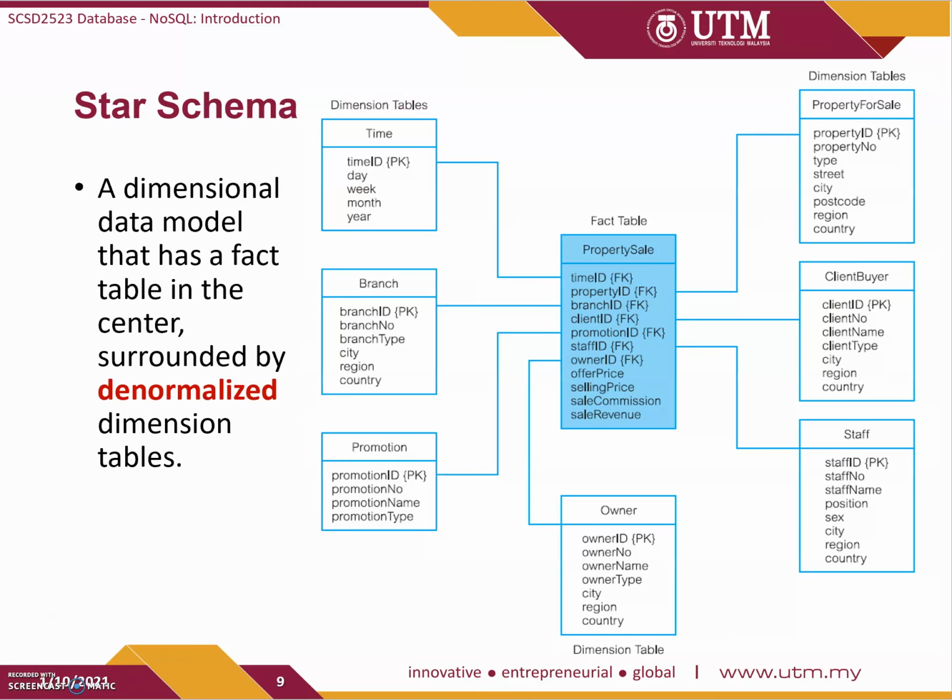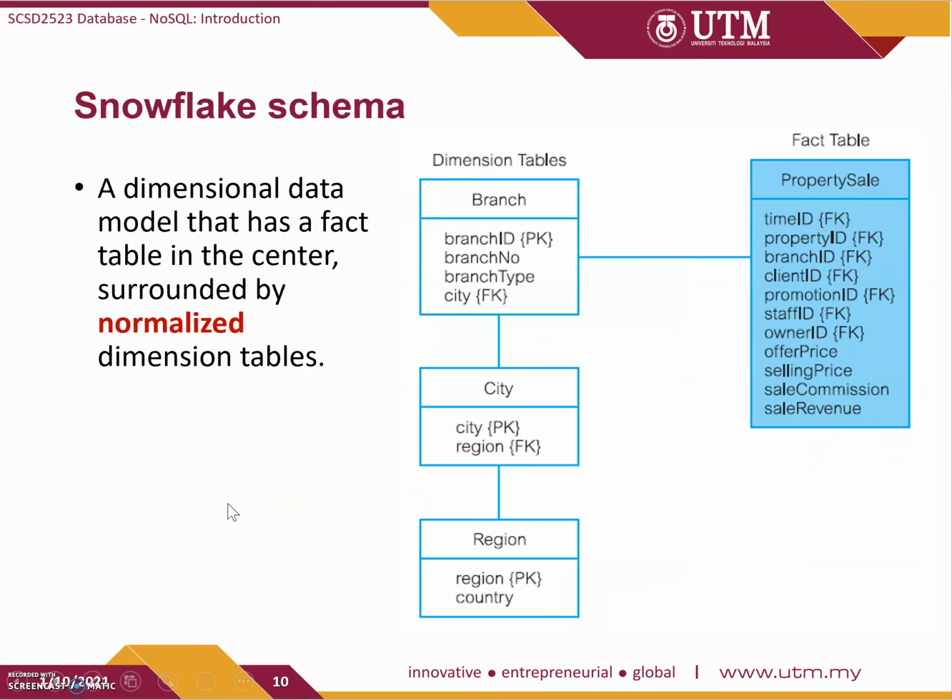The star schema is the dimensional data model that has a fact table at the center, and the surrounding tables are denormalized dimension tables. As opposed to that, we have the snowflake schema, which also has the fact table in the center of the data model, but the surrounding tables are normalized dimension tables.